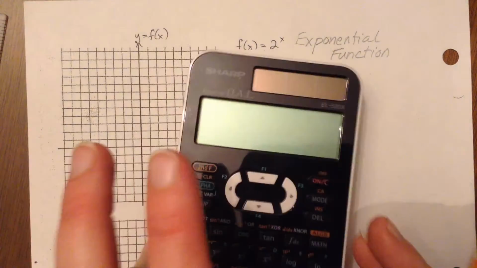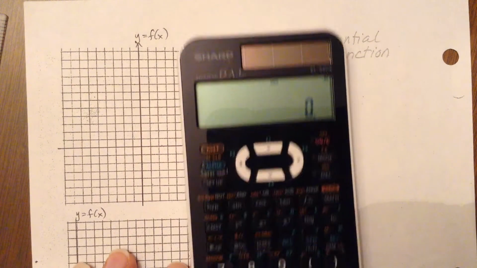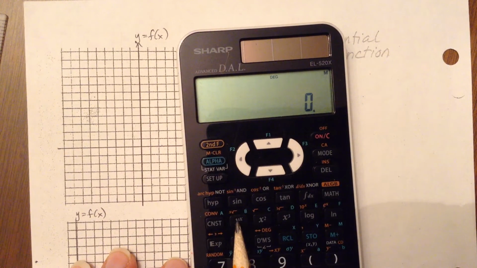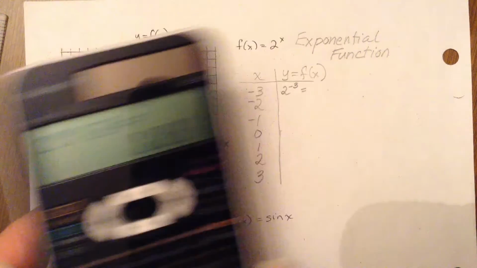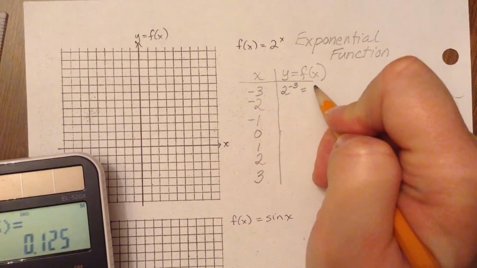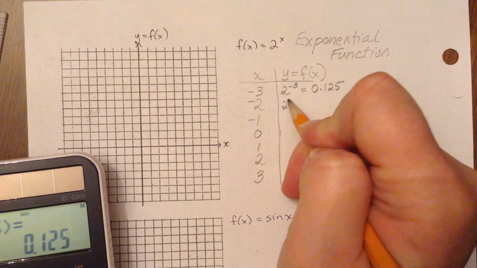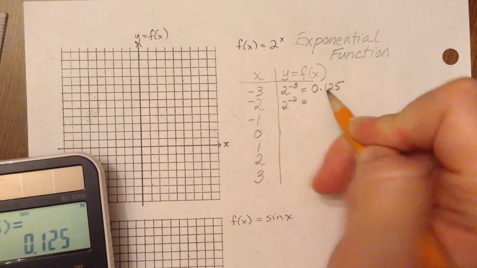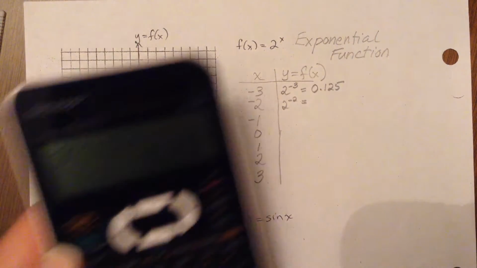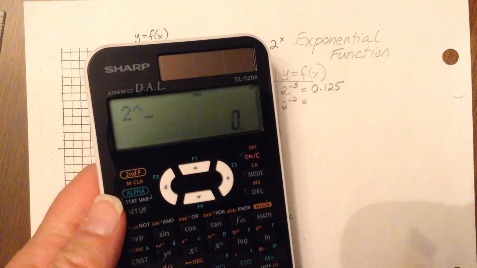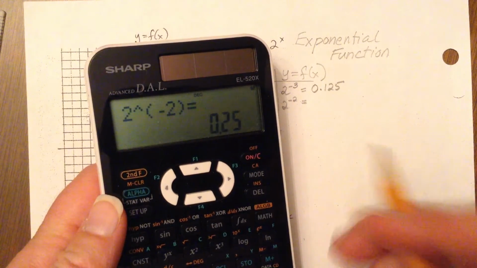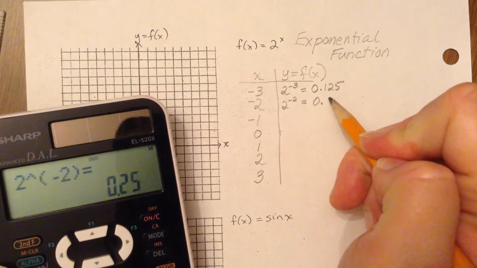And on your calculator, look for the y to the x button or x to the y, 2 y to the x, negative 3. And that is 0.125, or 1/8. So similarly, we would do 2 to each of the x values. 2 to the exponent negative 2 is 0.25 or 1/4.